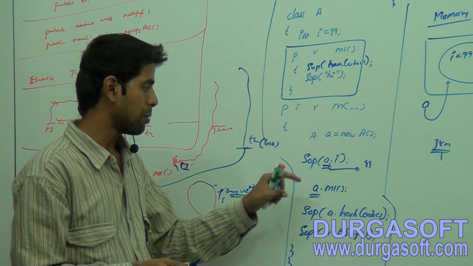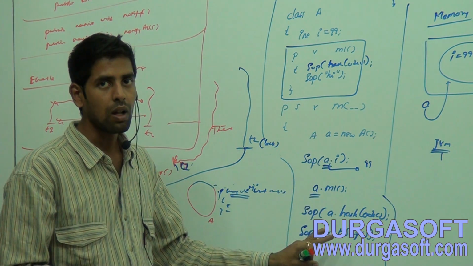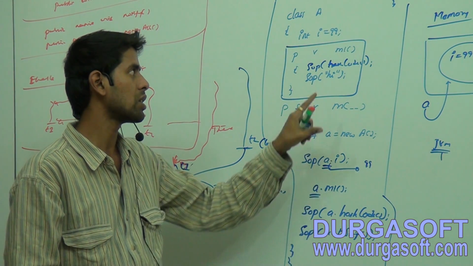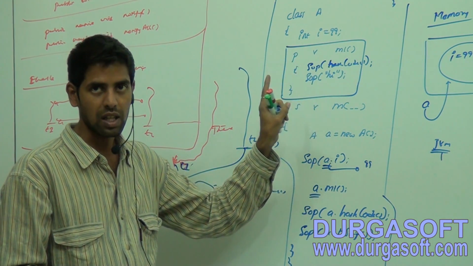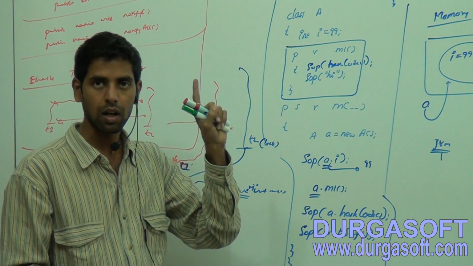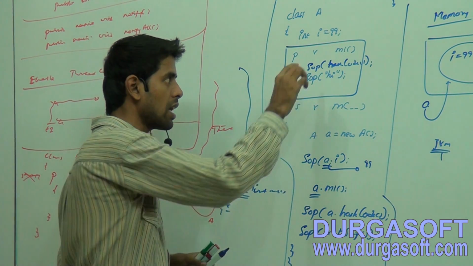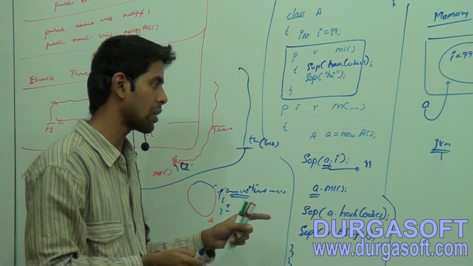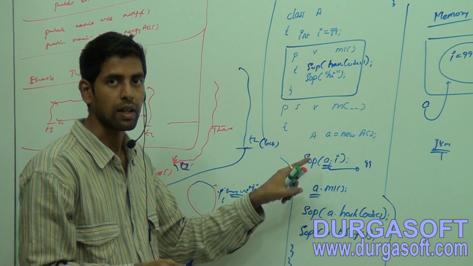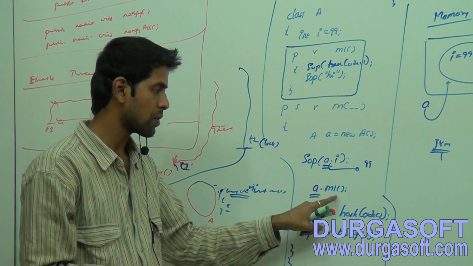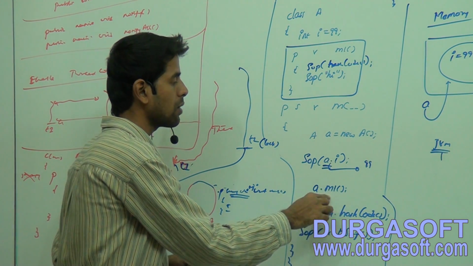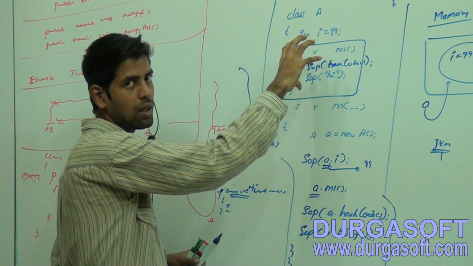You might have a doubt: I don't want to call them within the static area, I want to execute them within the instance area. In that scenario also, to execute the m1 method you have to create an object and call on that object reference. If you are calling this m1 method, now this method will be executing.